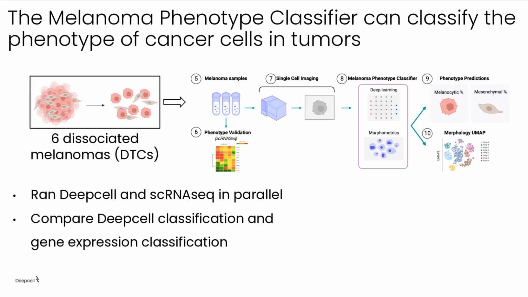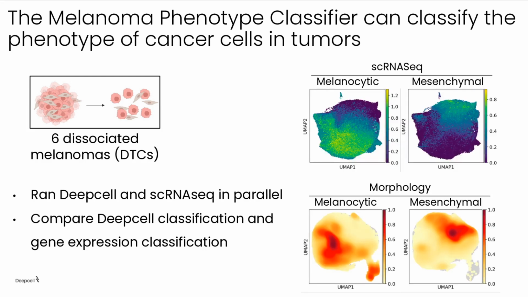We then also made again this morphological UMAP to see the different morphotypes. And as a ground truth, also in this case, we used single-cell RNA sequencing. And here is the overview of the single-cell RNA sequencing UMAP.